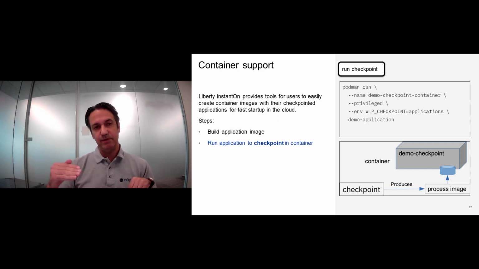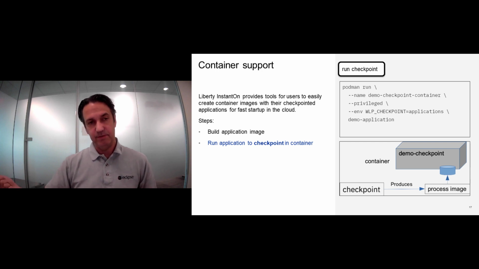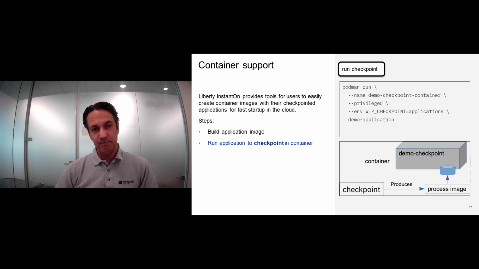But what this ends up doing is it starts up the application, and Liberty is doing its normal startup process. But once we've started up the application and before we've opened up any ports to take incoming requests, we ask CRIU to go ahead and take a checkpoint. And we actually ask the JVM to do the checkpoint for us, because it'll do a bit of work for us to get the JVM and Liberty ready for that checkpoint.